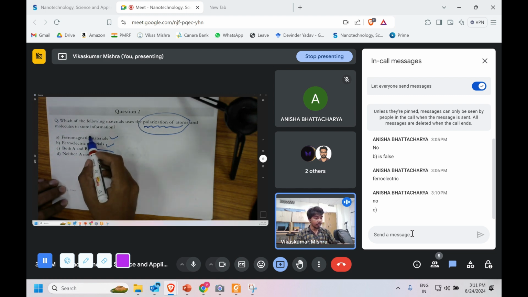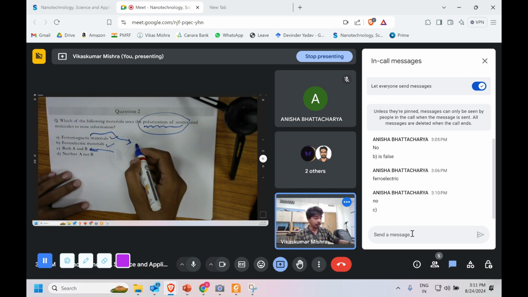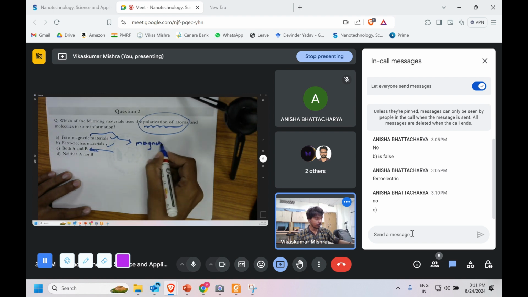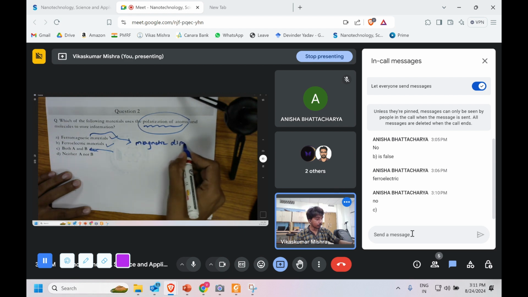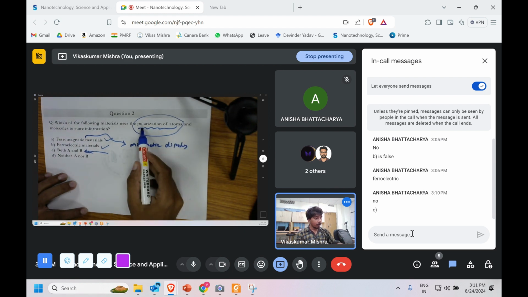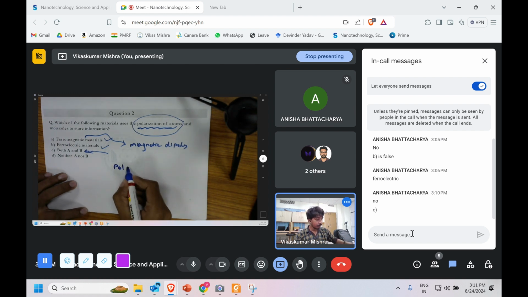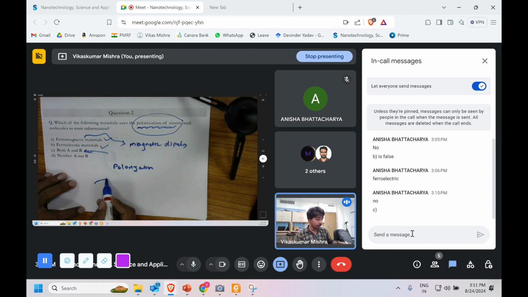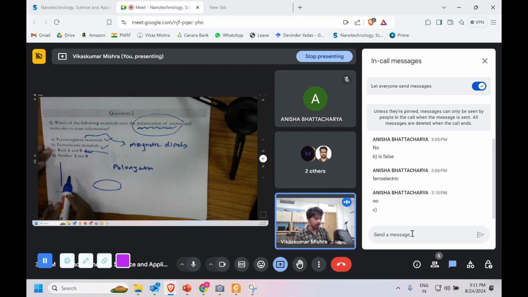When we see the ferromagnetic, we talk about the dipole moment, magnetic dipole. For the ferroelectric material, we talk about the polarizations. So a particular atom is there. What does it mean to polarize? Let us say this is a particular atom and we have applied an electric field. Let us say this was an insulating material, and here we have applied the electric field.